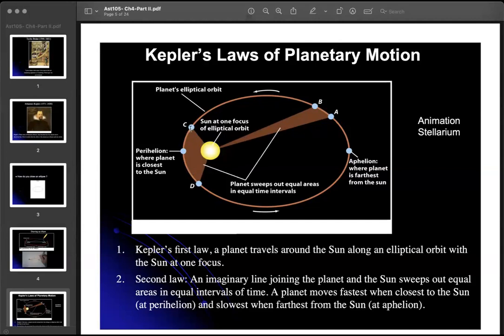So at that time, the planet will move more in the same time. That means it's moving faster. So that's how he described his second law. An imaginary line joining the planet and the sun sweeps out equal areas in equal intervals of time. And what that means is that the planet moves faster when it is closer to the sun.